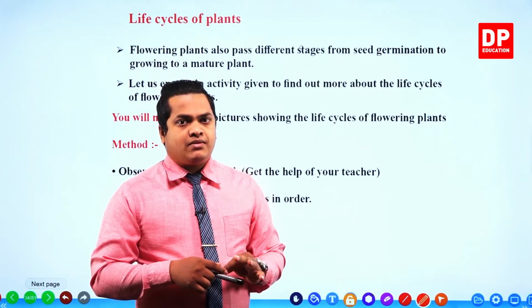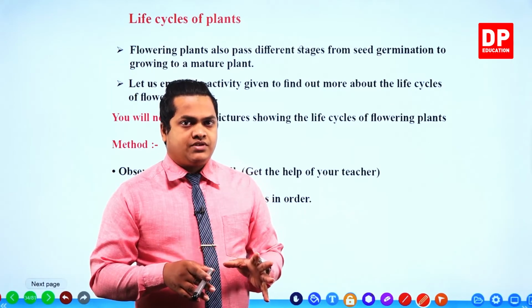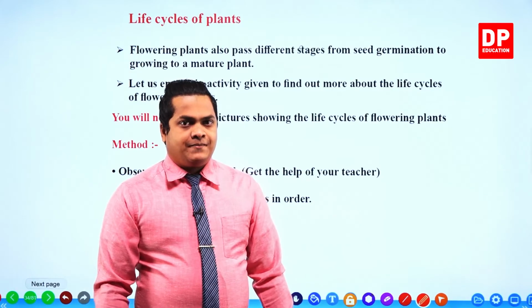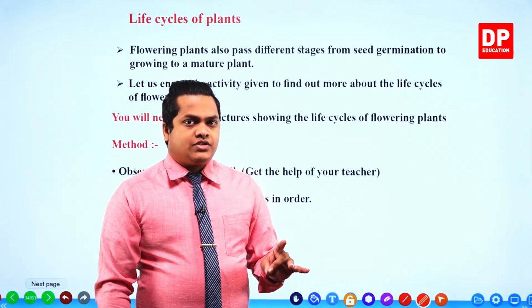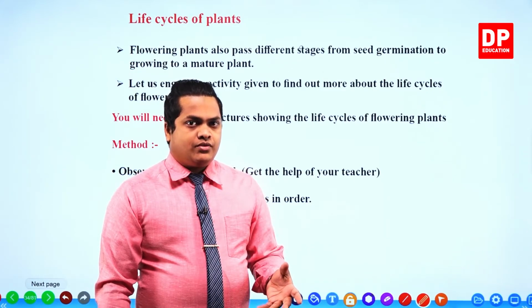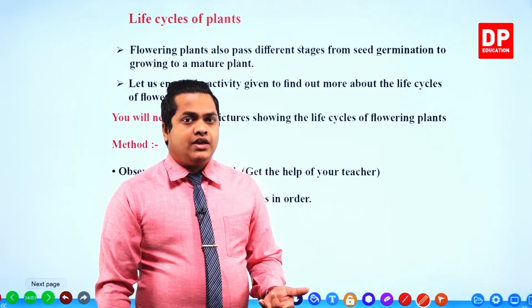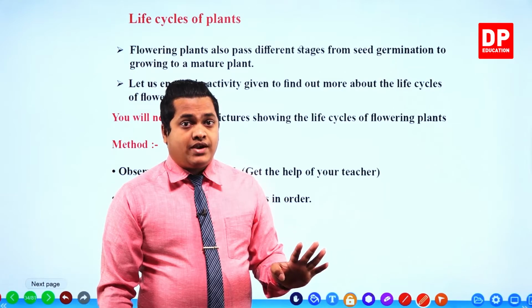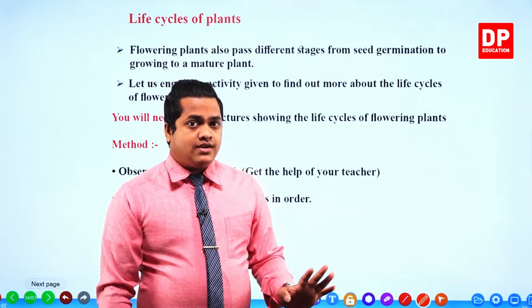In complete metamorphosis, my dear children, you can observe dramatic changes within each stage of the life cycle. Then the cockroach is an organism that carries out incomplete metamorphosis. Complete metamorphosis is carried out by the butterfly and the frog.